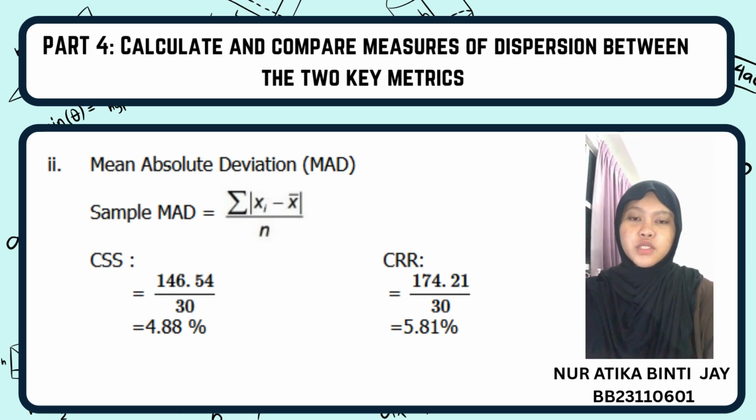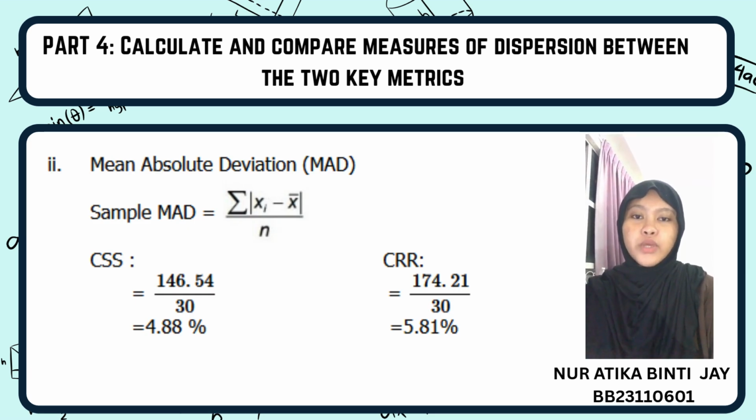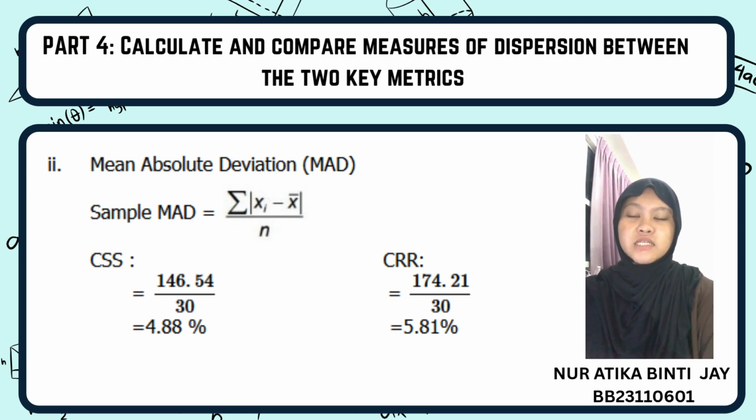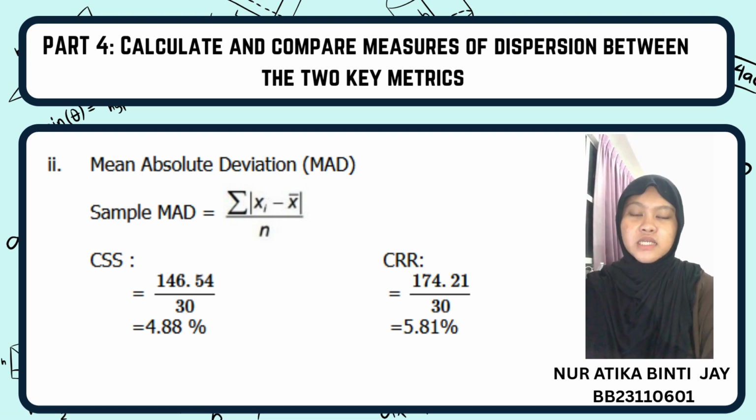For the mean absolute deviation, we use the sample method. For customer satisfaction score, it is calculated as 146.54 divided by 30, and the answer is 4.88%. For customer retention rate, it is calculated as 174.21 divided by 30, and the answer is 5.81.